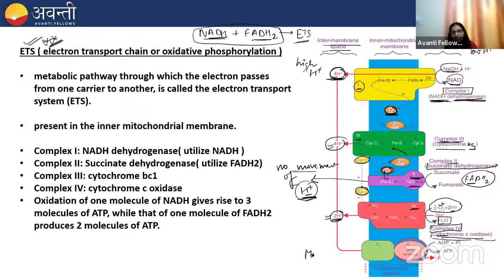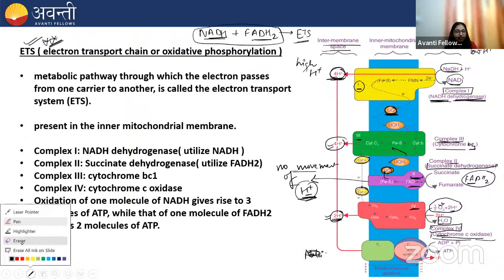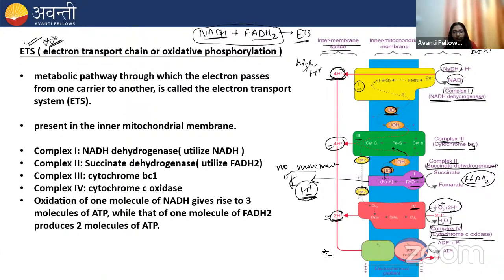Now the proton from the intermembrane space, because in the intermembrane space the concentration of proton is high, will move or pass through this F0 channel, which is a transmembrane channel.